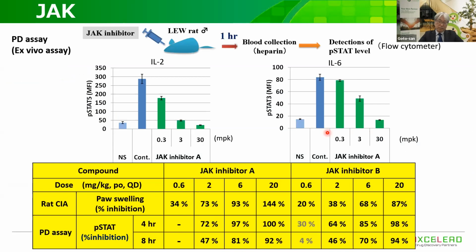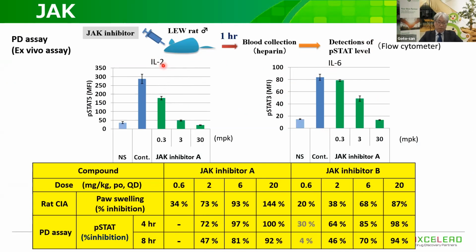As shown here, this is an ex vivo assay system. JAK inhibitor was administered to rat and blood was collected. Then the effect on STAT phosphorylation was evaluated by flow cytometry. JAK inhibitor shows concentration-dependent suppression of STAT phosphorylation induced by cytokine.